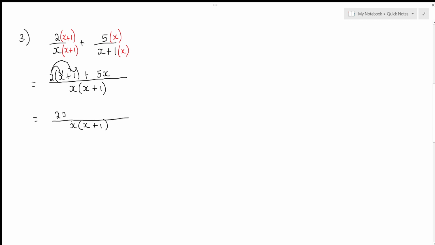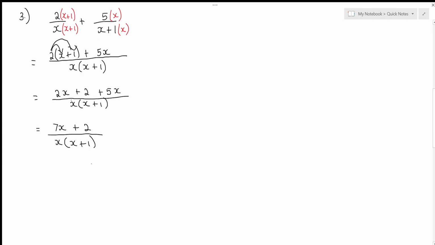So here we're going to have 2x plus 2 plus 5x. We now have like terms of 2x and 5x, so we're going to add them together, and that would give me 7x plus 2 over x times x plus 1, and we will leave it in that form.